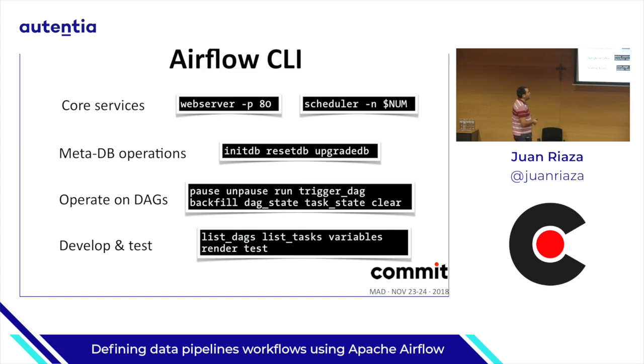To operate on DAGs, we could pause the execution of a DAG. We could trigger the execution of one of them. We could do some backfill. We could perform backfills directly from the CLI. And of course, we have lots of useful commands for development and testing.